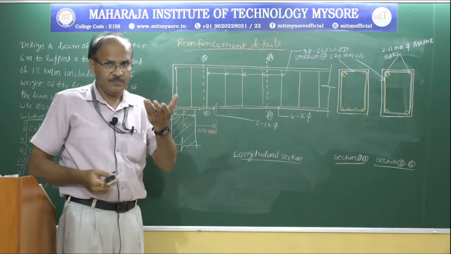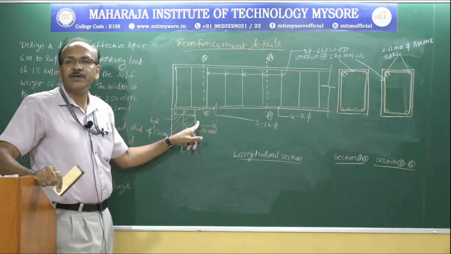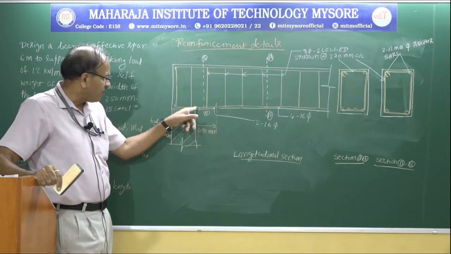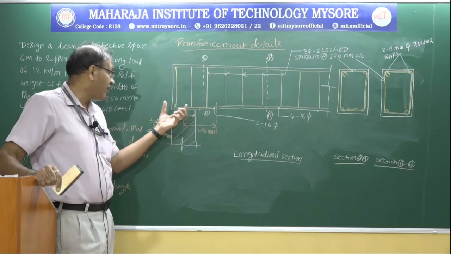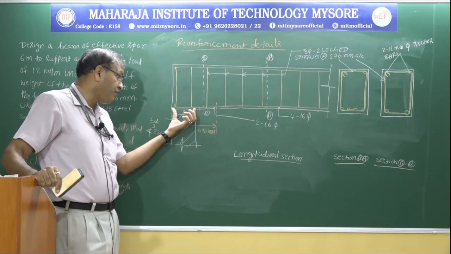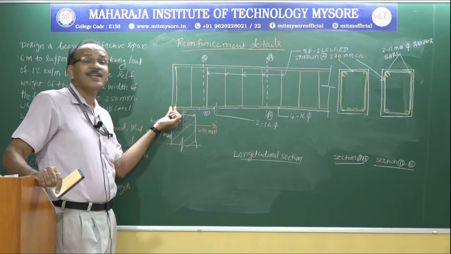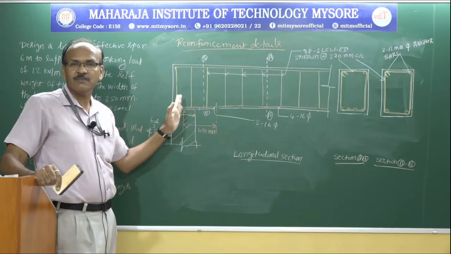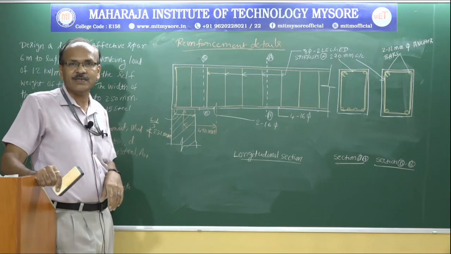It may be more. So normally if we take say 300 millimeter wall, from the face of the support, we can continue this up to a distance of 260 millimeter, by assuming 40 mm side cover. So 260 mm, which is greater than 231 millimeter.